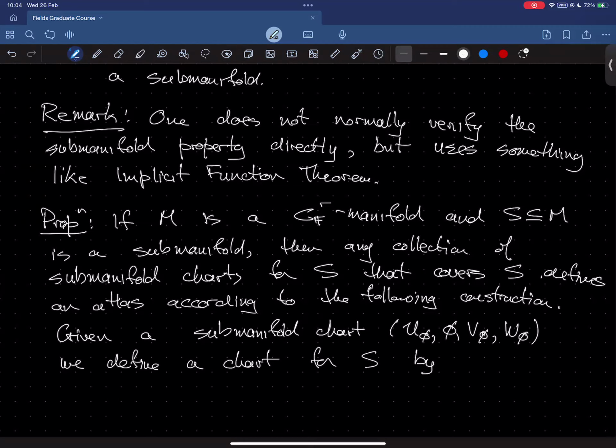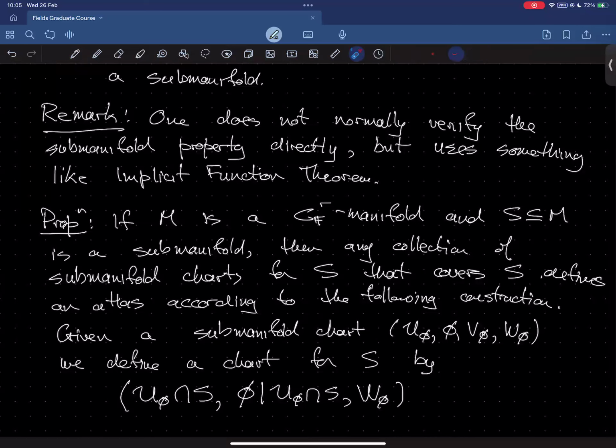And it has kind of the obvious definition. The domain for the chart is going to be U phi intersect S. The chart map is going to be phi restricted to that. And the locally convex space in which the charts take their values is obviously going to be W phi. So for each submanifold chart, I define a chart for S like this.